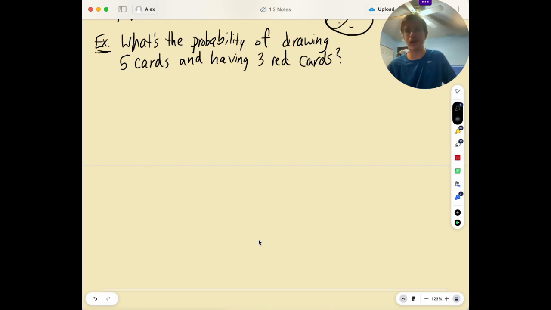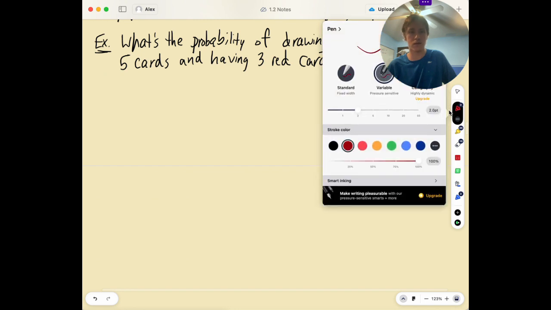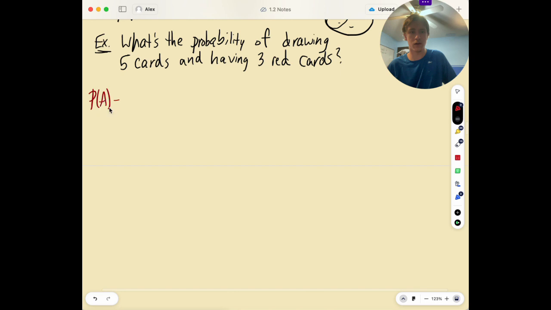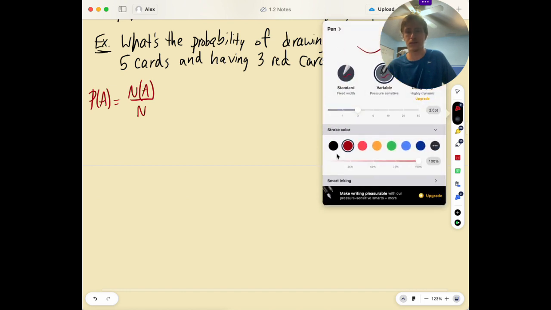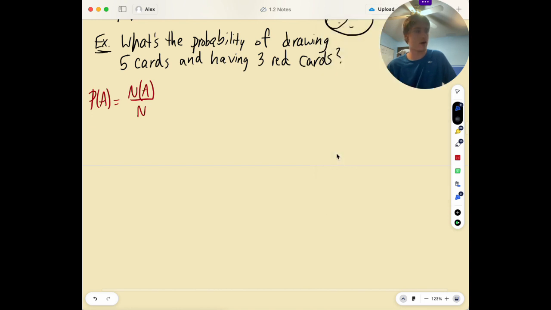So recall that probability is the number of ways that an event A can happen over the total number of ways, capital N. We can fill these out. Let event A be having 3 red cards from the 5 drawn.